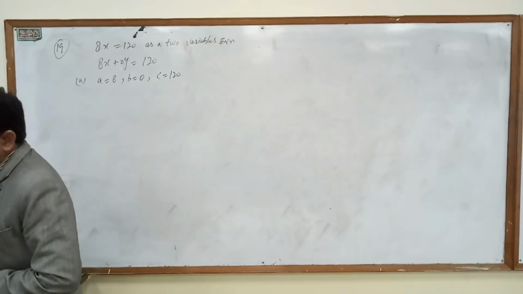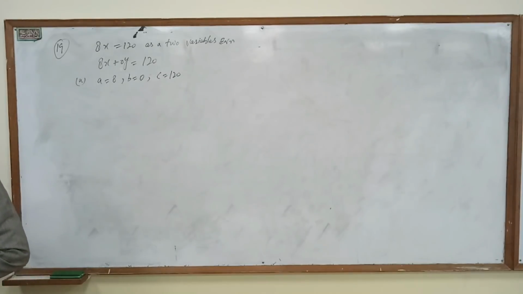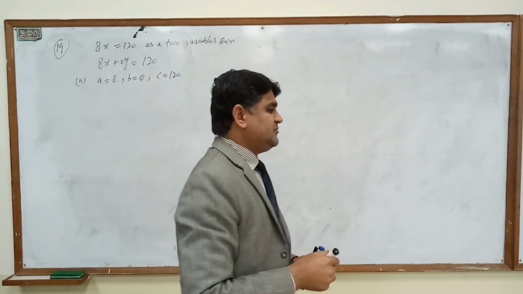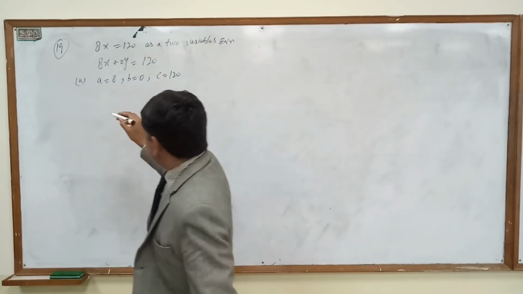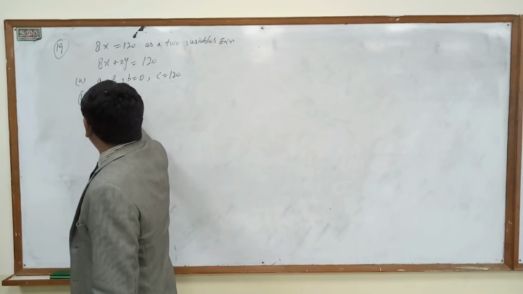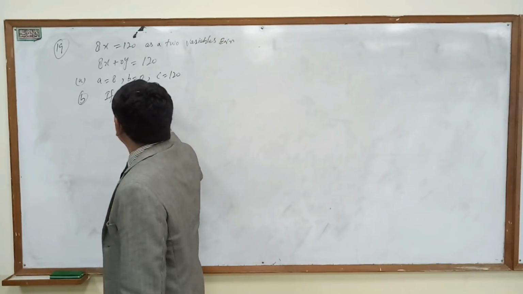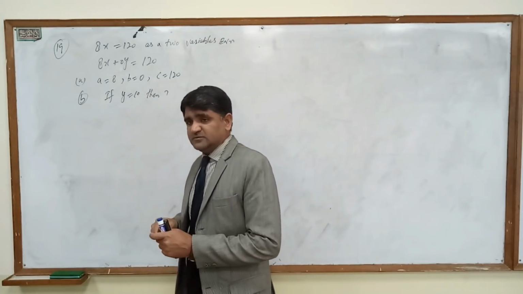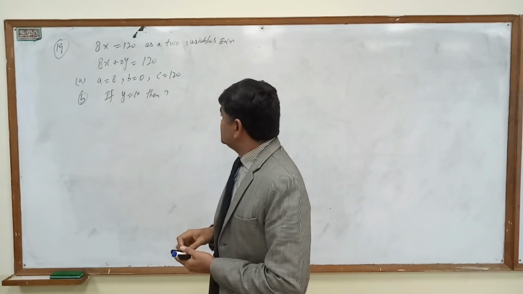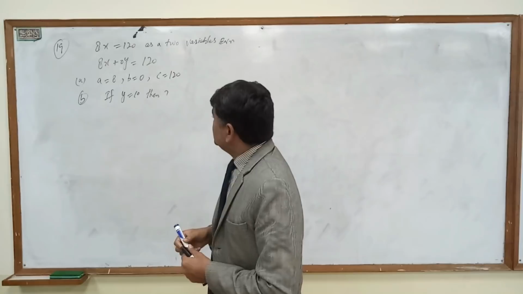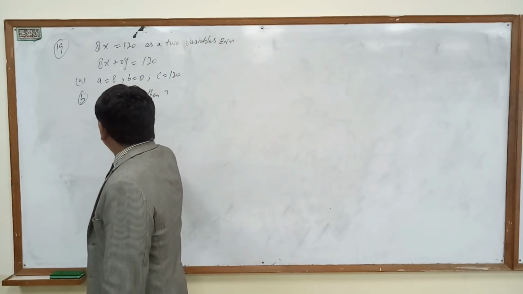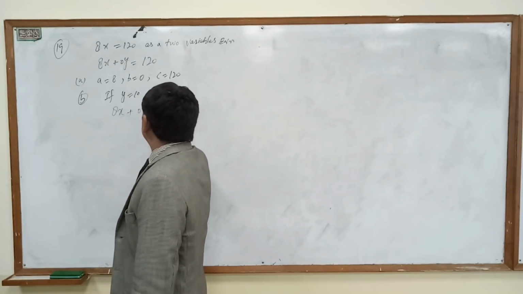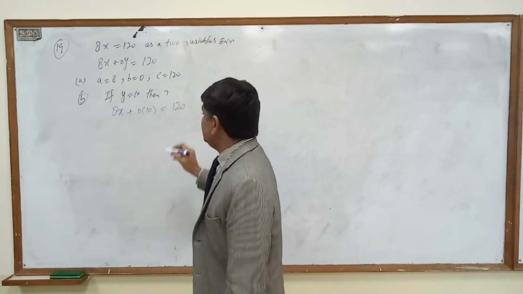What is part B? What pair of values satisfies the equation when y is equal to 10? If y is equal to 10, then we have to find the pair of values. We can simplify: 8x plus 0 into 10 is equal to 120.